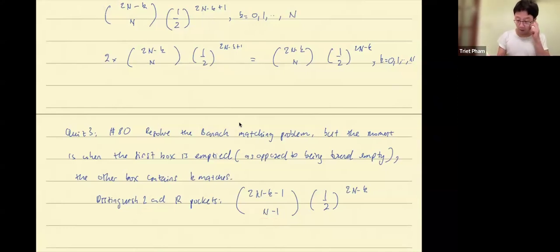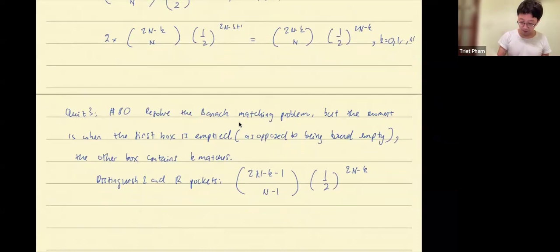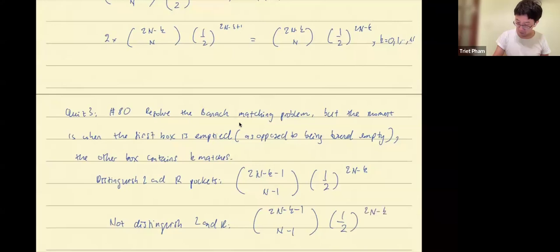Sorry, out of the previous 2n minus k minus 1 times, choose n minus 1 times to reach into the left box. And then, of course, you double that because left and right are symmetric. Like that. Any question?